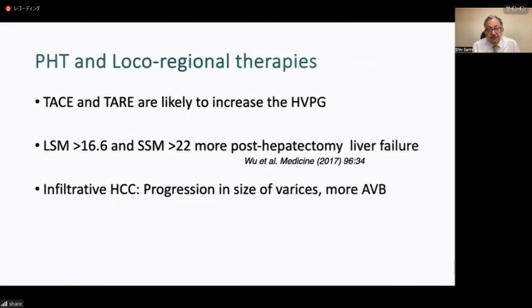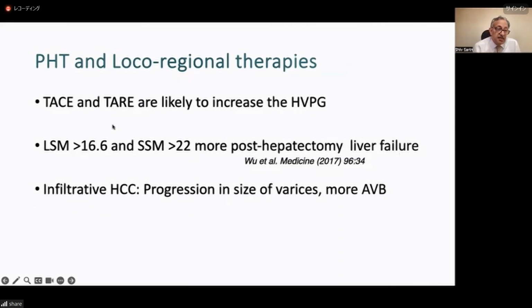What is the effect of locoregional therapies on portal hypertension? TACE and TARE increase the HVPG, the portal pressures. Therefore, it is suggested that you be careful. If liver stiffness is above 16 and spleen stiffness above 22 and you operate, post-hepatectomy liver failure is more.